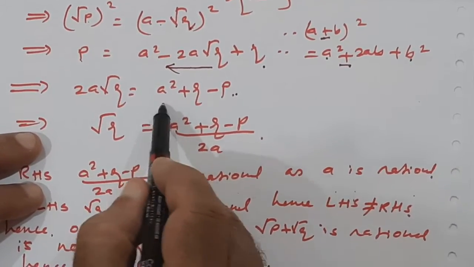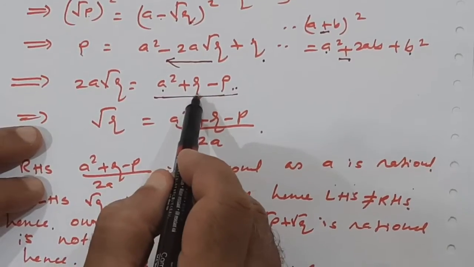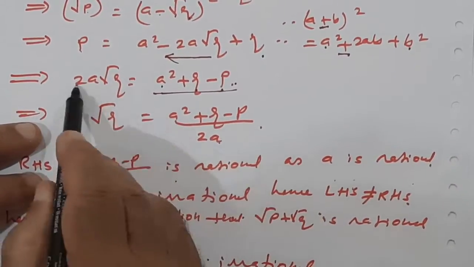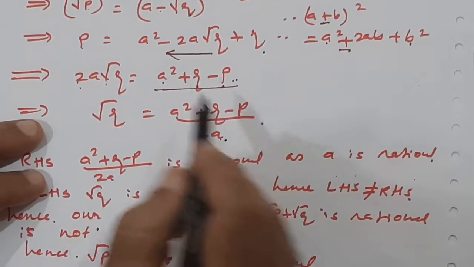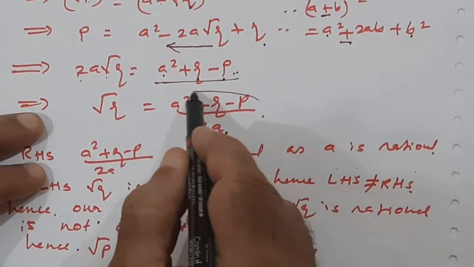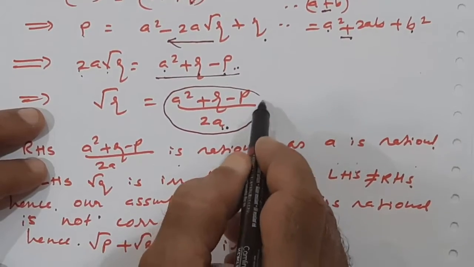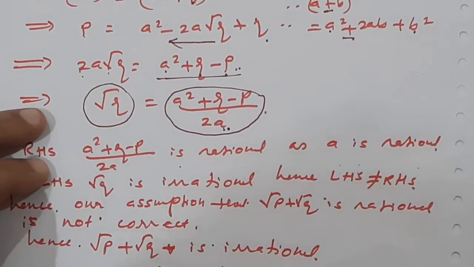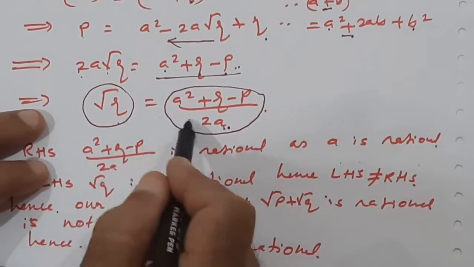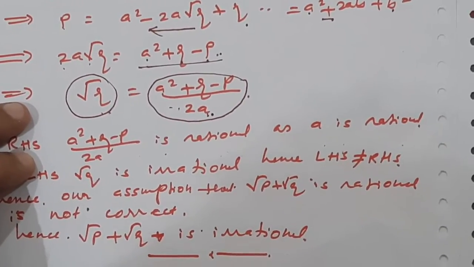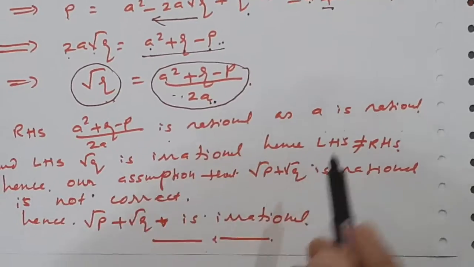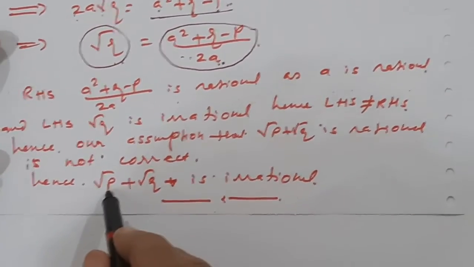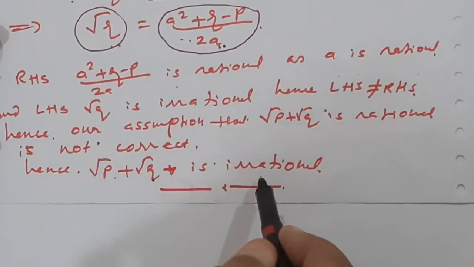Now you see the right hand side, a square plus q minus p, and 2a we have taken down, dividing by 2a. Now this right hand side is rational and root q is irrational. So we cannot say that both are equal. Hence our assumption that root p plus root q is rational is not correct. Hence root p plus root q is irrational.